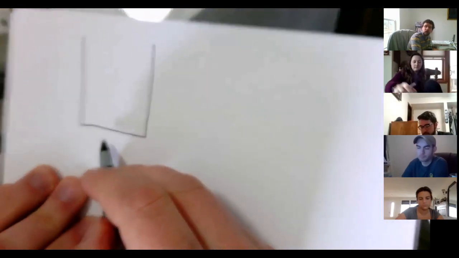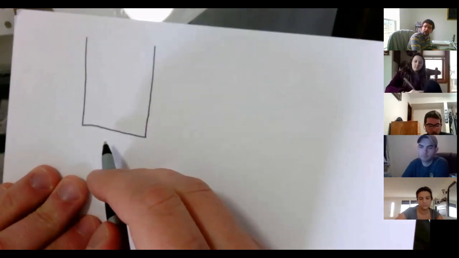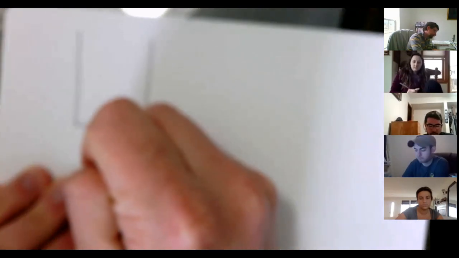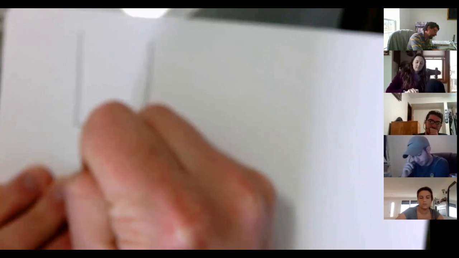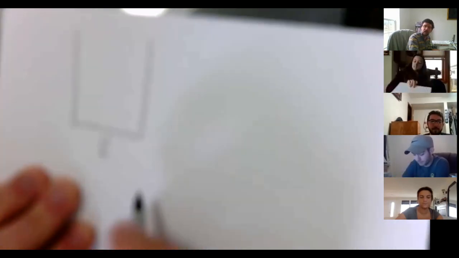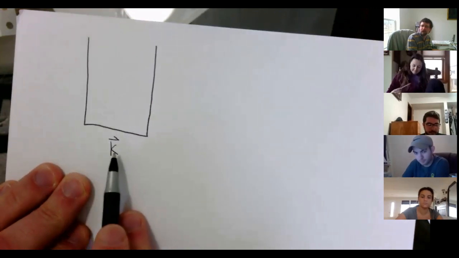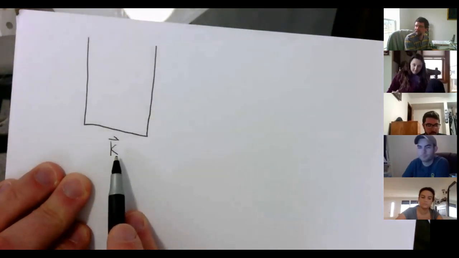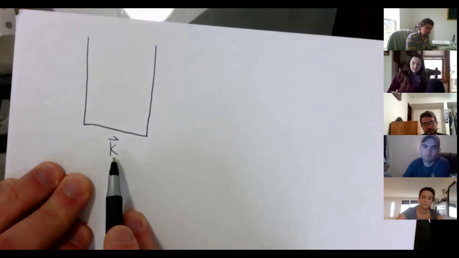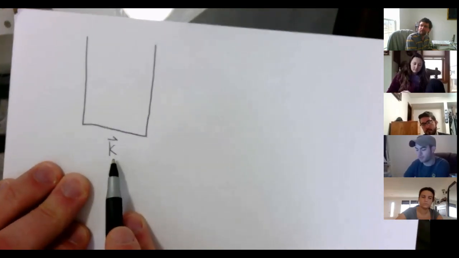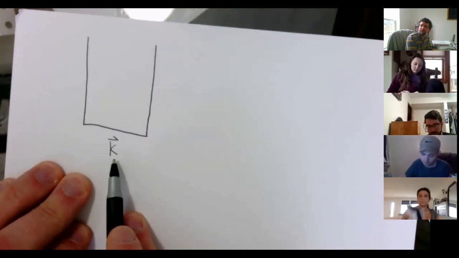What was the x-axis? What was its label? K. Yep, K. And then remember, it was a vector. And do you remember what K keeps track of? It's based off of de Broglie, right?